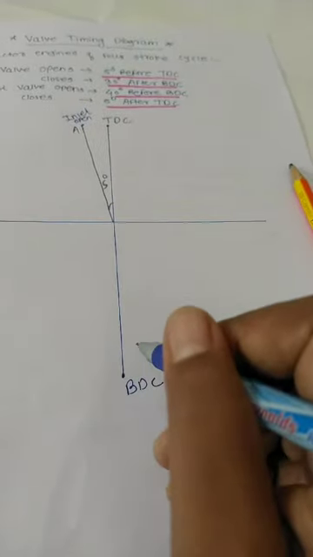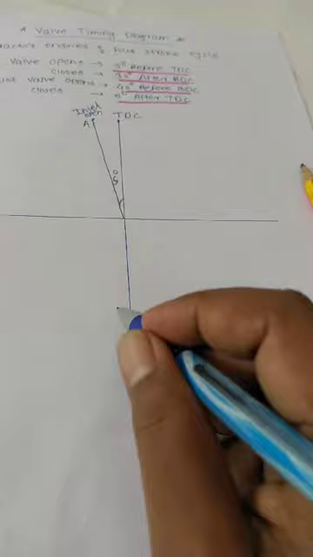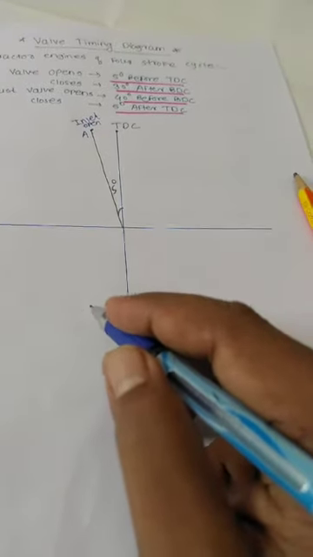It is not before BDC, but actually 30 degree after BDC.